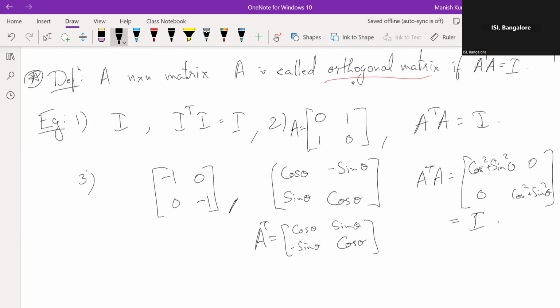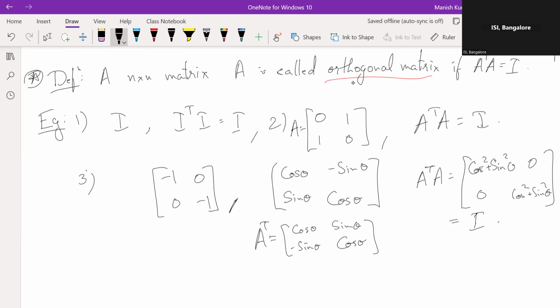So at least these are certainly orthogonal matrices. We will see that these are more or less all of them, in the sense that you'll have to change a little bit.